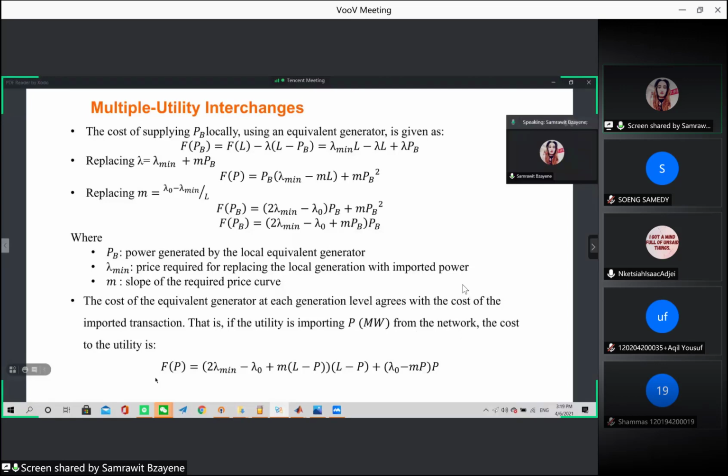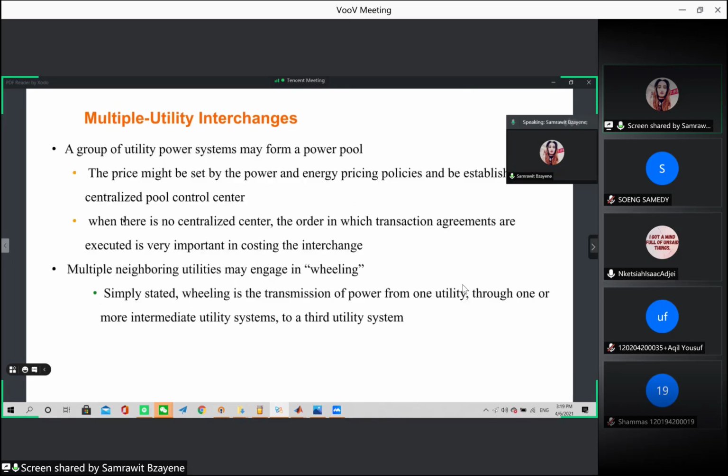So the cost of the utility will be 2 lambda minus lambda plus N minus P times lambda minus P plus lambda N times P. This will be the cost if the utility wants to import power from the meter.